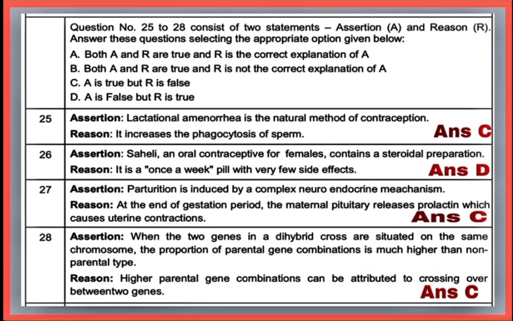It is true. Now see the reason statement: it increases the phagocytosis of sperm. This is not true. Correct option is C. Assertion is true but reason is false. So what is the reason? Lactational amenorrhea is a method based on the fact that ovulation and therefore the cycle do not occur during this period.